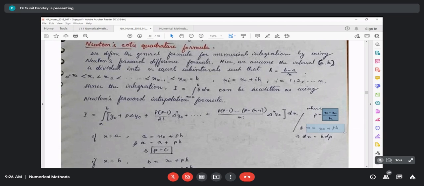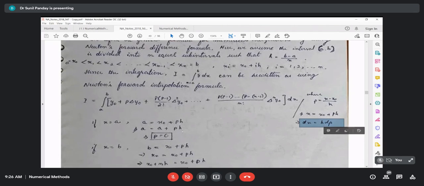So x equals x naught plus ph. What is the value of dx? dx is h dp. So the value of dx is h dp.